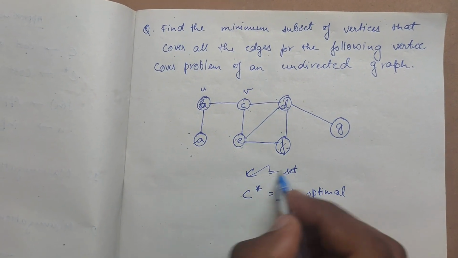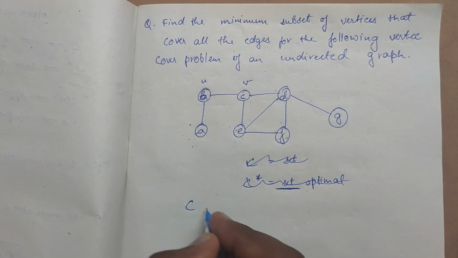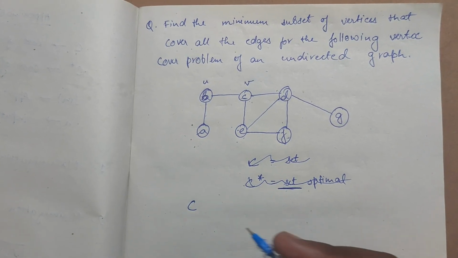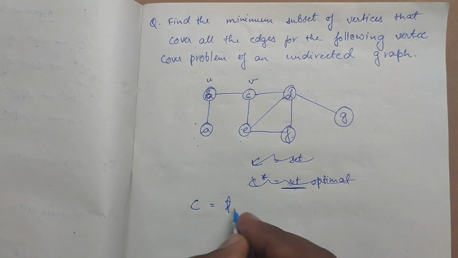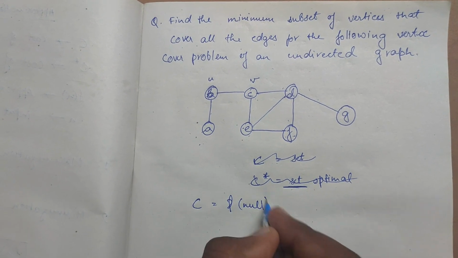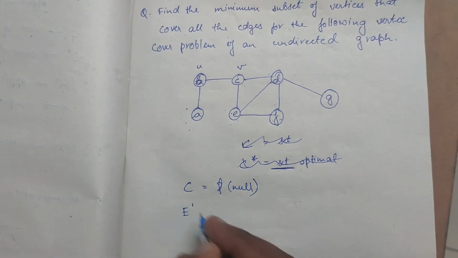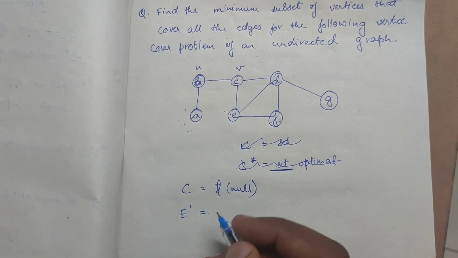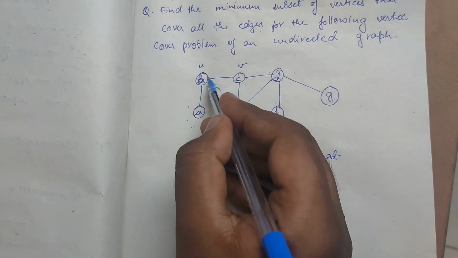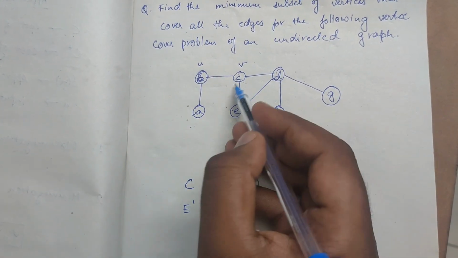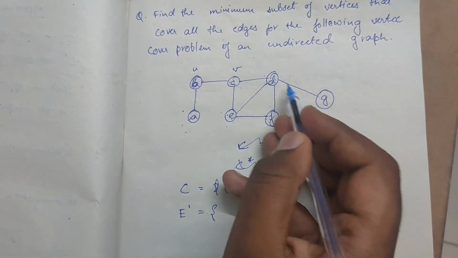Let us consider two sets here. C is the set which contains your solution, and initially it is null, phi. And you have a set E dash, which is the set of all the edges in the graph. It contains edge AB, BC, CD, CE, ED, DF, EF and DG.